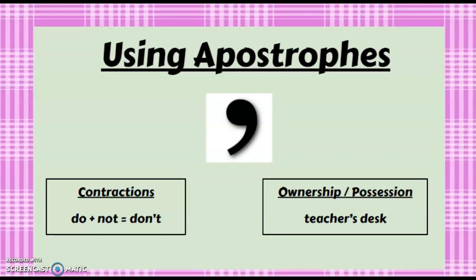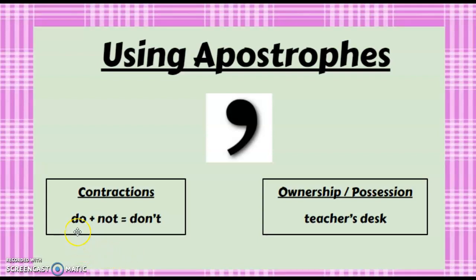We are going to talk about using apostrophes today. Now, we have used apostrophes already this year. We have used apostrophes in contractions. You'll remember a contraction is when we combine two words and they come together so strongly that some letters pop out.